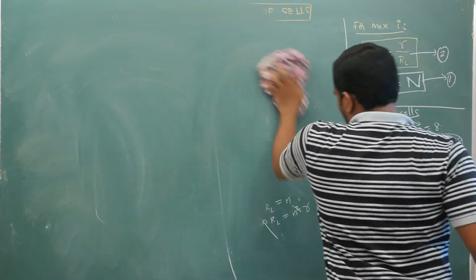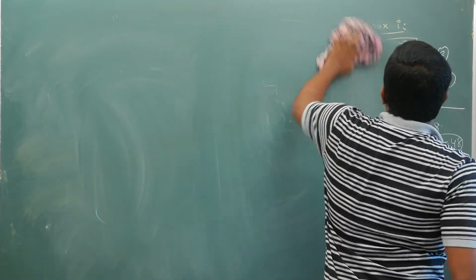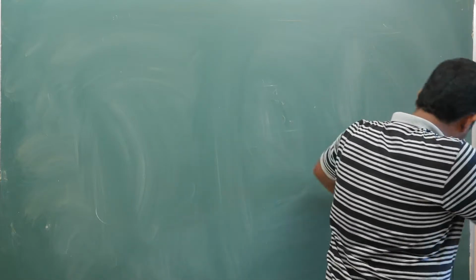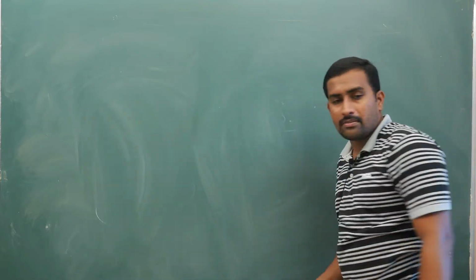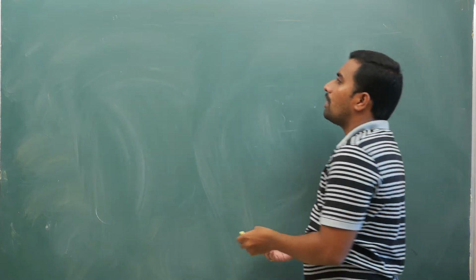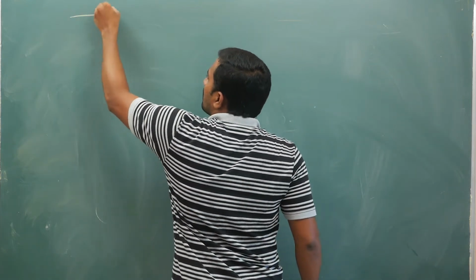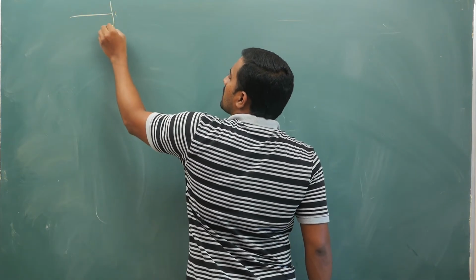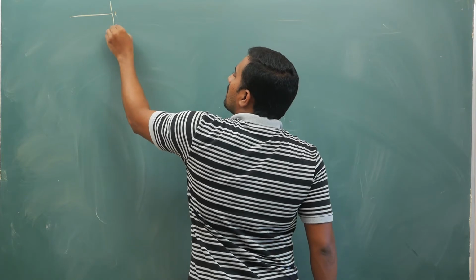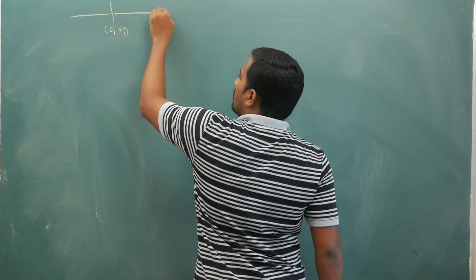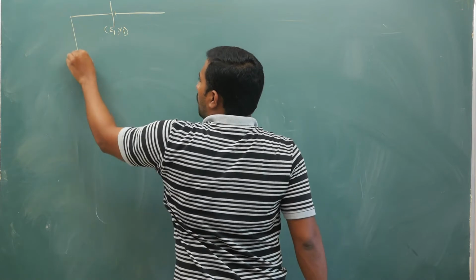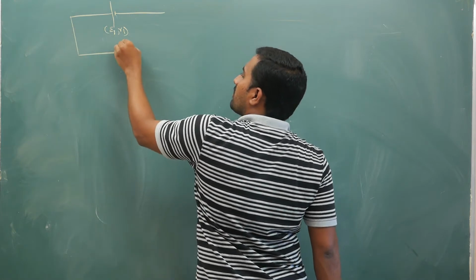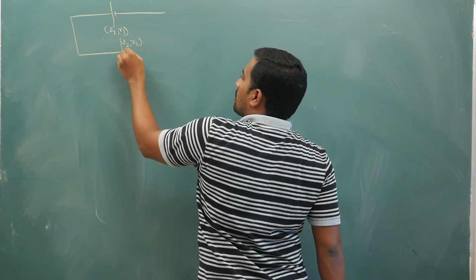Many times big problems can be solved easily if you have understood this. So let us say you have two cells, one cell's EMF is E1, internal resistance R1. Now one more cell is there, EMF E2, internal resistance R2.